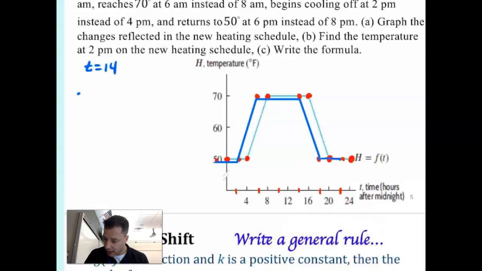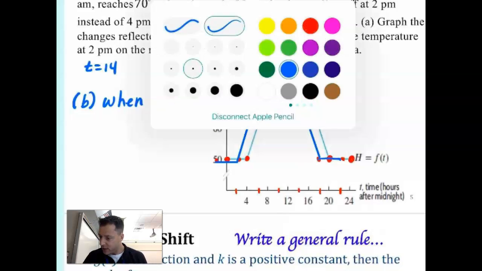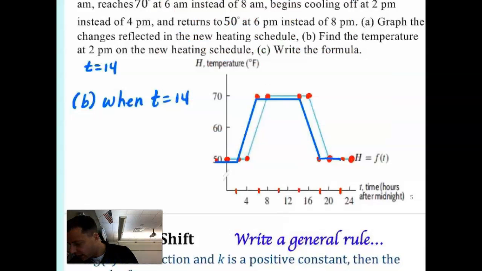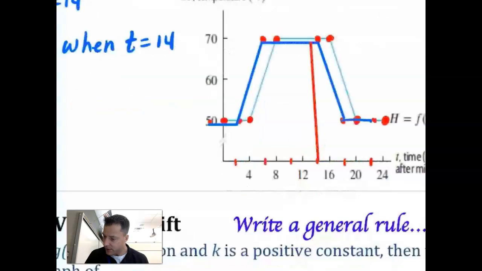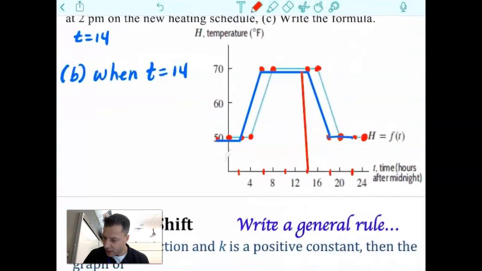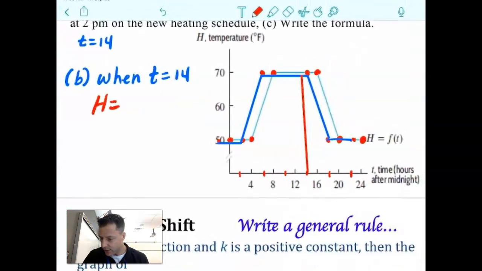On part B, when T equals 14, we look at our graph. Here's 14. I'm going to draw a line up, and you can see that we're at 70 degrees Fahrenheit. So when T equals 14, our temperature H is going to equal 70 degrees Fahrenheit.